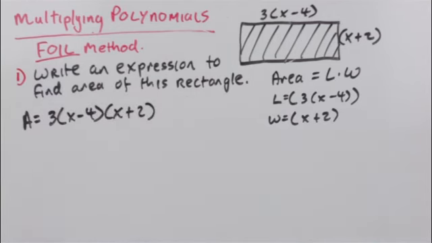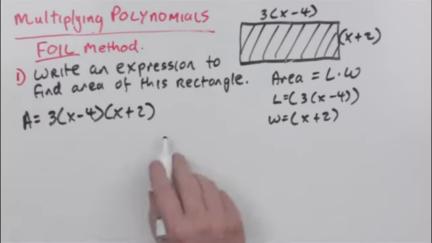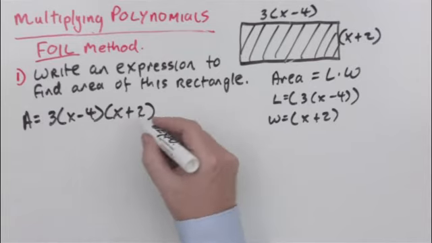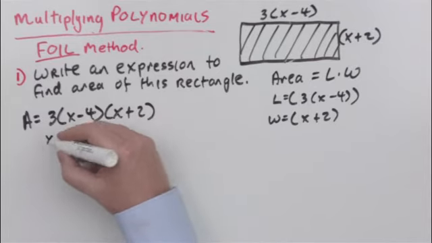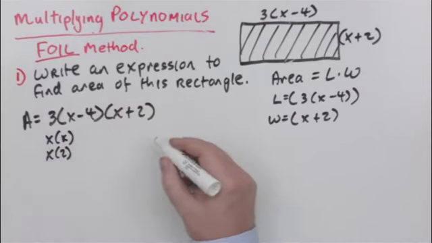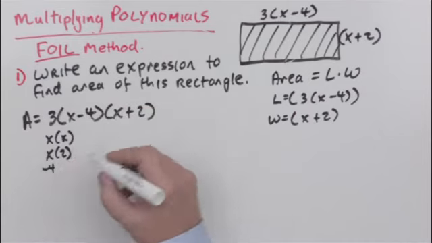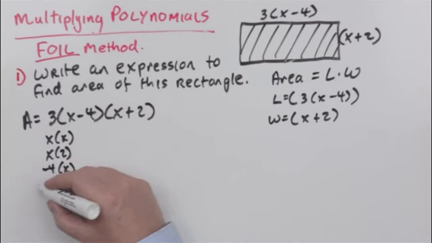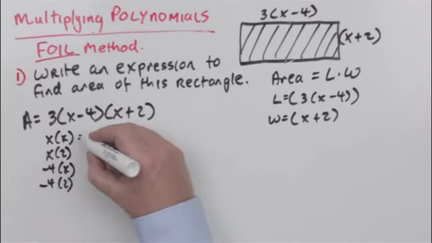Let's forget about the 3 for now and just multiply the two binomials using the FOIL method. The first terms are x times x. Then the outside terms, x times 2. Then the inside terms, negative 4 times x. And then the last terms, negative 4 times 2.